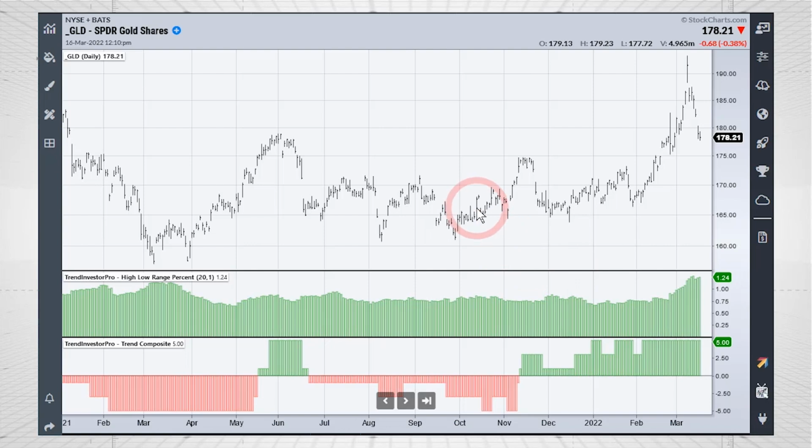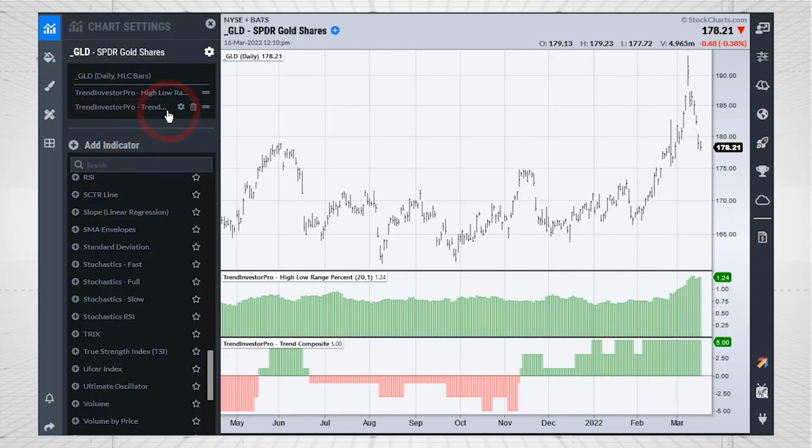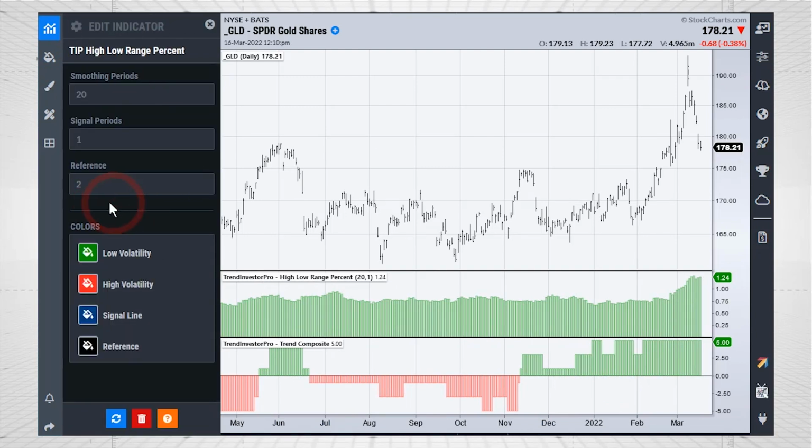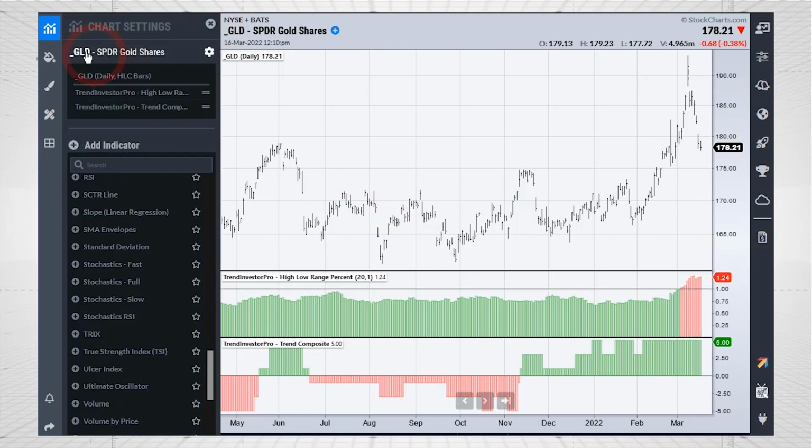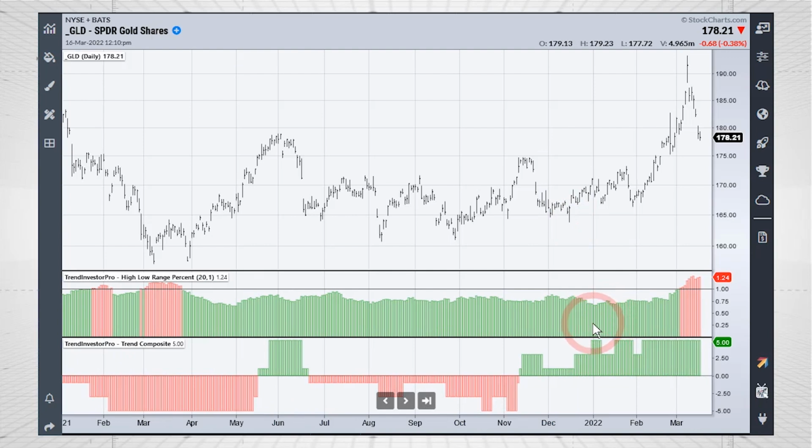And finally, we have gold, which went parabolic doing the old pop and drop. And again, I need to adjust my reference line back to 1% for gold so we can see when it's getting above average volatility. And if we look on this chart, we can see that gold did turn bullish there in mid-November with this breakout.